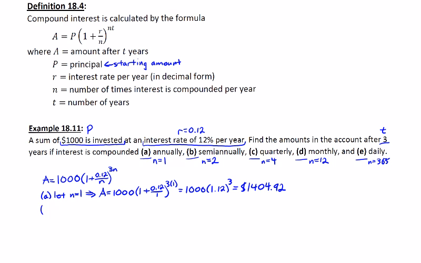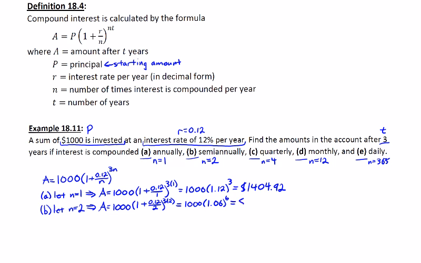You can do that same calculation for part B by letting n be equal to 2, which is going to give you A equals 1,000 times 1 plus 0.12 divided by 2 raised to the 3 times 2. So this will be 1,000 times 1.06 raised to the 6.